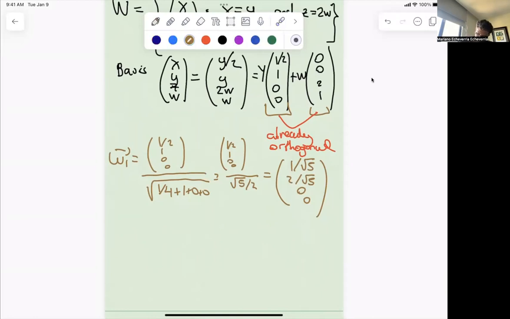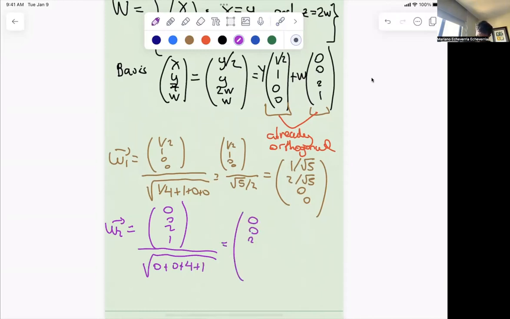And then W2 is (0, 0, 2, 1) divided by its length, which is the square root of 0 plus 0 plus 4 plus 1. So those are the new basis vectors. They are just the original ones, rescaled so that their length is 1.